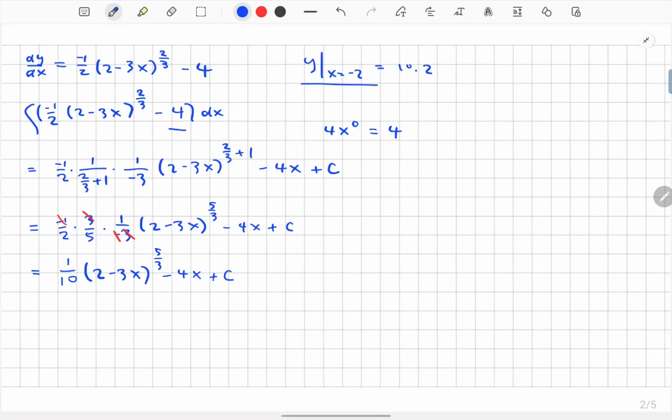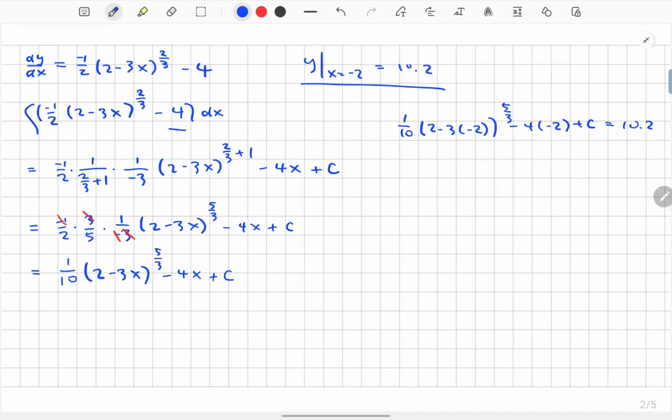And the question told us that at x equals negative 2, the y coordinate is 10.2. So we'll go ahead and solve for c. We'll plug negative 2 into our x. This entire thing equals 10.2.